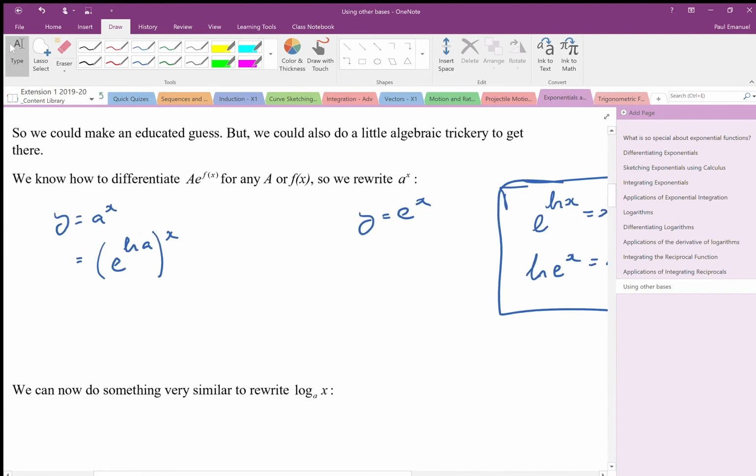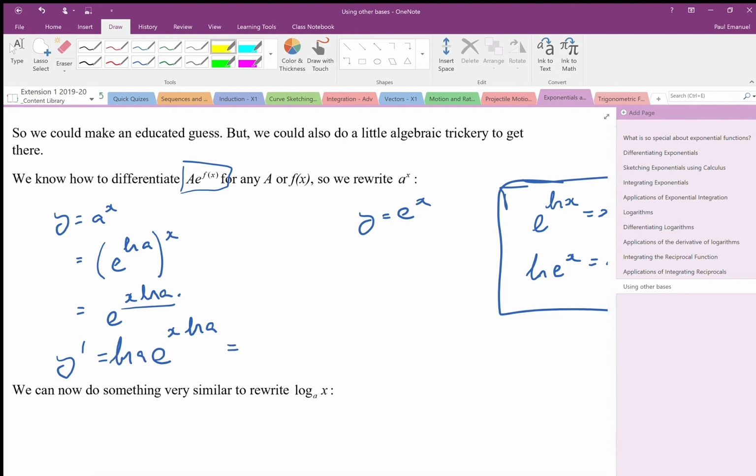Okay, so we get this, and then we just rewrite it. And now, this is just e to the x times something. So it looks something like this. And we know that when we differentiate this, we leave the e to the x alone, and then we just multiply by the derivative of the power, which in this case is log a.